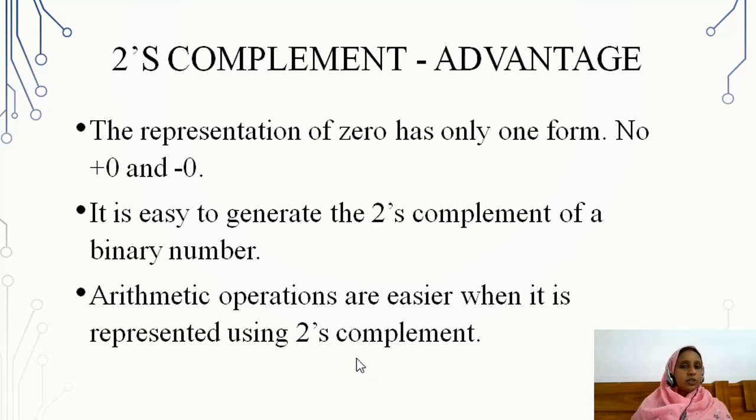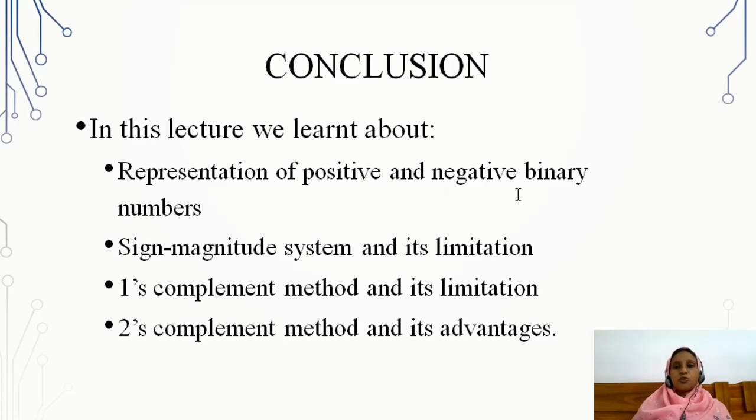Hope that you get the point. 2's complement has only advantages, whereas the sign magnitude system and 1's complement have their own limitations.